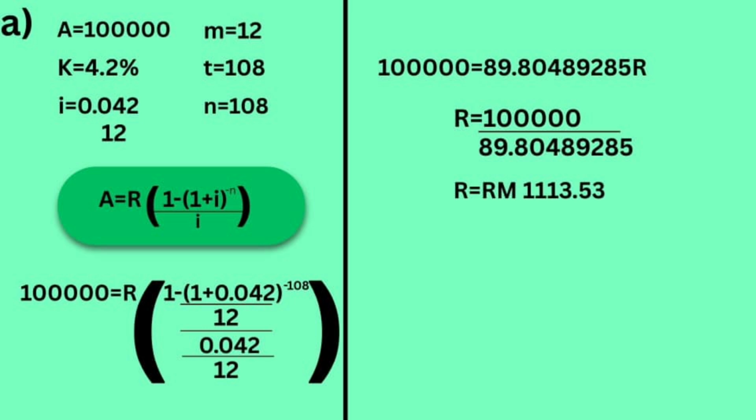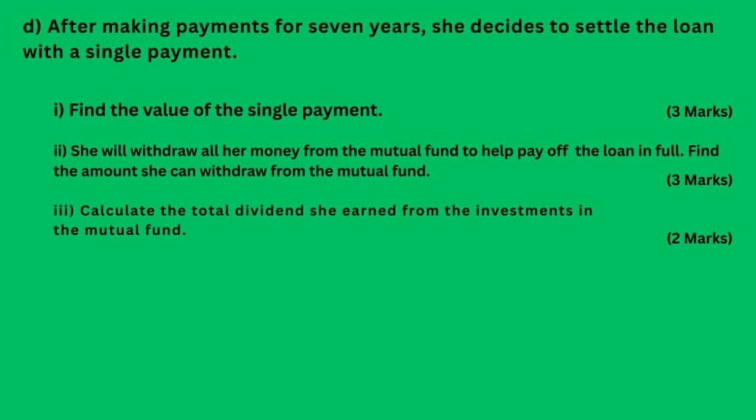Then substitute A equals 100,000, K equals 4.2%, M equals 12, i equals 0.042 over 12, and n equals 108. After substituting and solving the equation, we find the final answer, which is 1,113 and 53 cents.